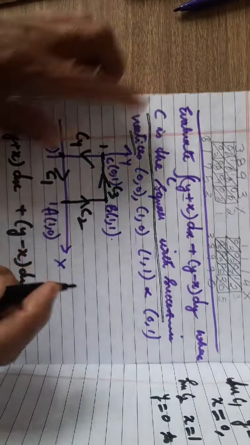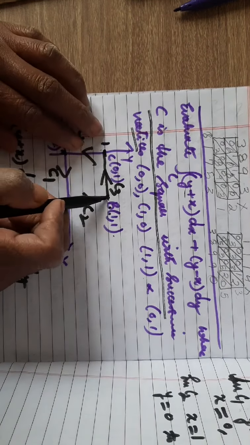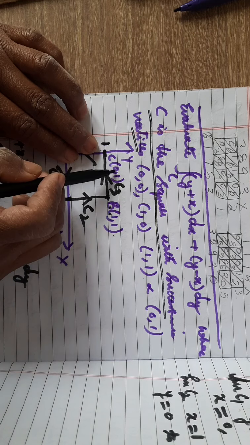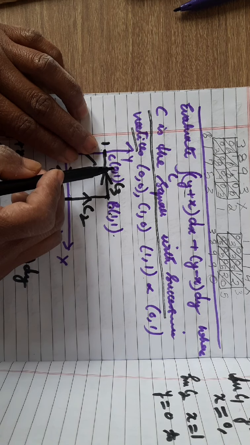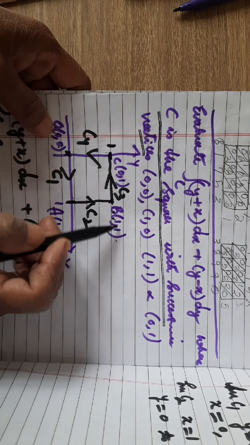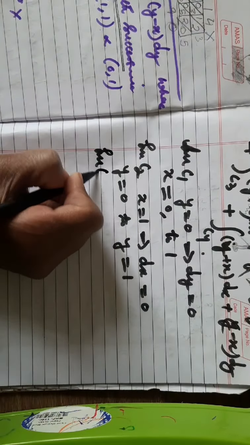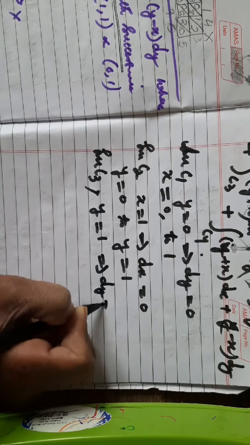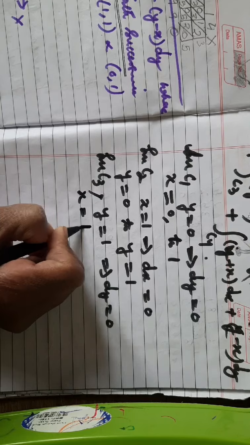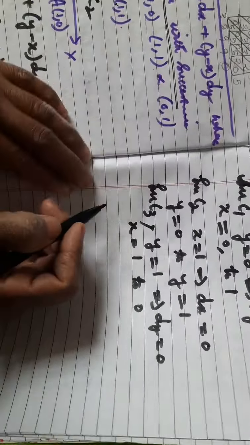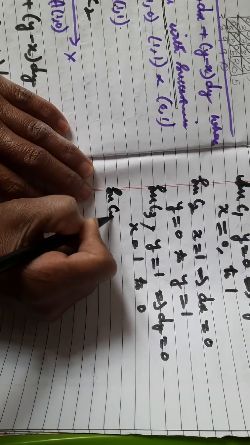Now let us check along the line segment C3, that is from B to C. Which coordinate is fixed here? The x coordinate varies, but y is fixed as 1. So along C3, the value of y is fixed as 1, this implies that dy is equal to 0, and x varies from 1 to 0. And the last one is along C4.